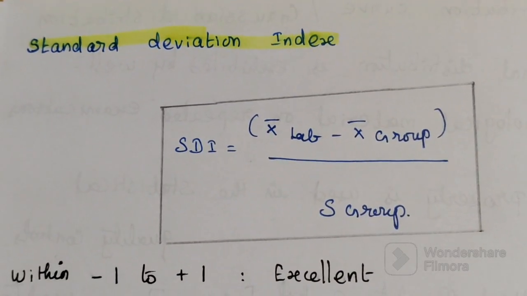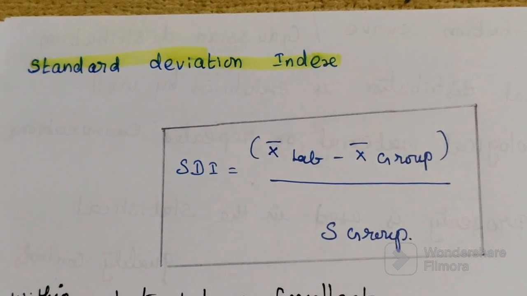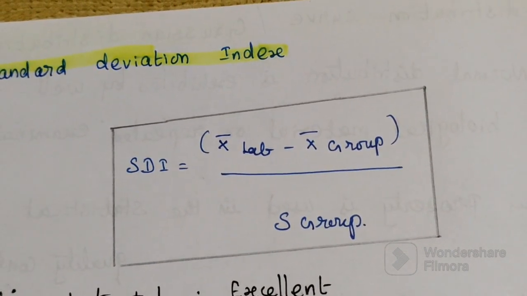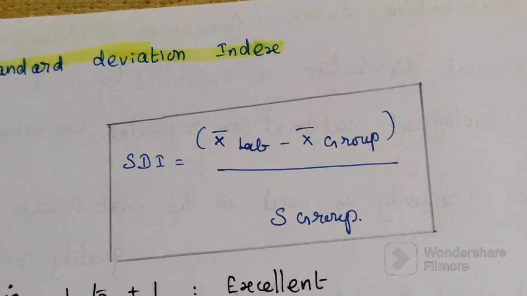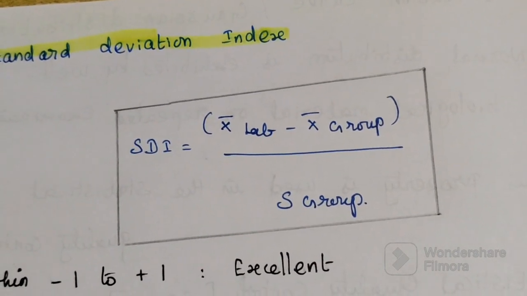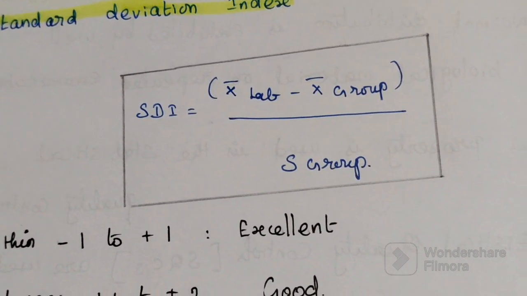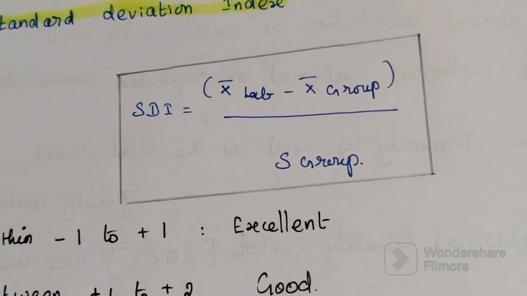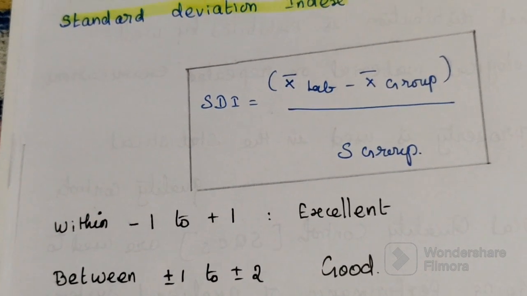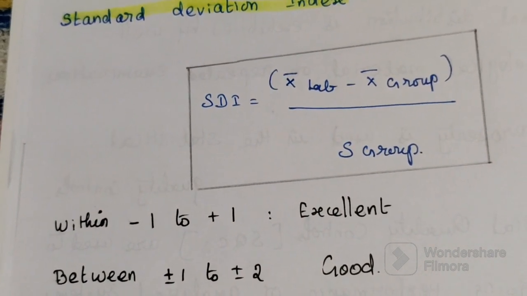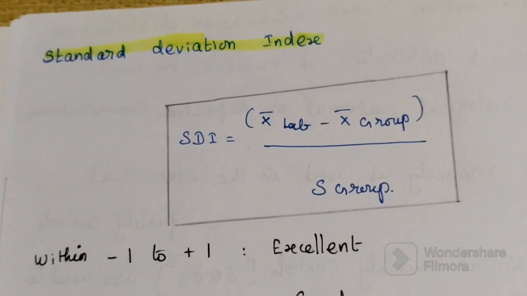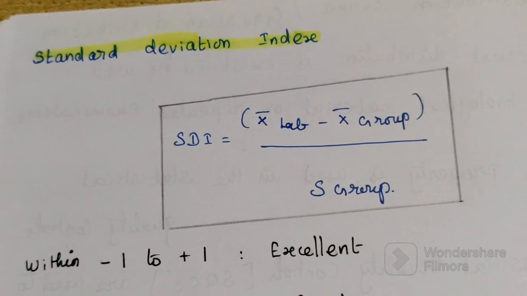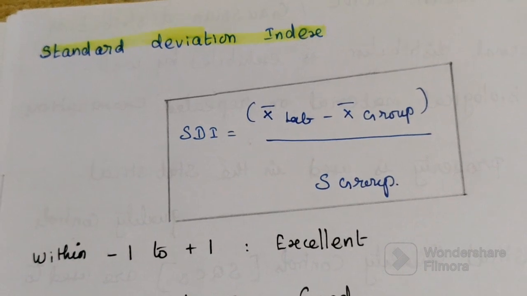Standard deviation index, SDI, is x bar lab minus x bar group divided by standard deviation of the group. Standard deviation index is an indicator which we get from external agencies, the external quality assessment scheme.